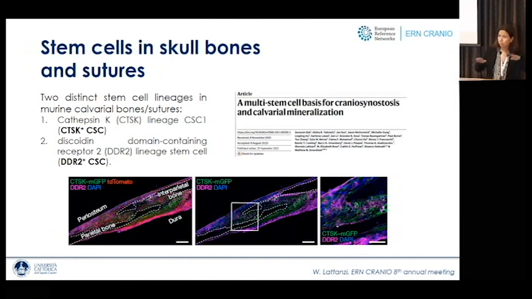From the balance of these two different stem cell populations, the current path of ossification of sutures will derive. So they will also be affected in the pathophysiology of craniosynostosis, which means that we still have a lot to study and delve into about what happens in humans with these two populations.